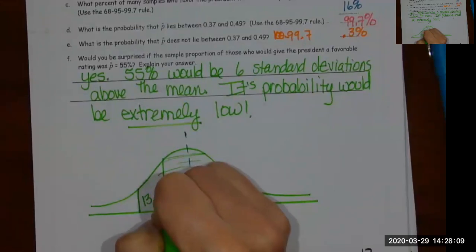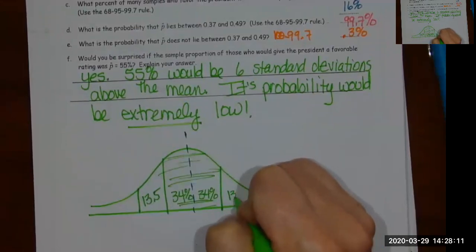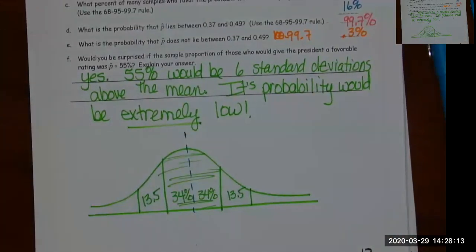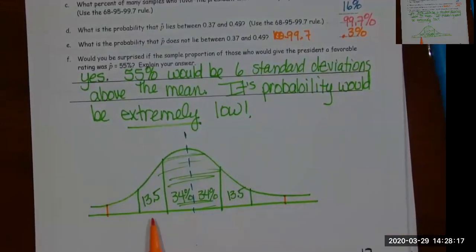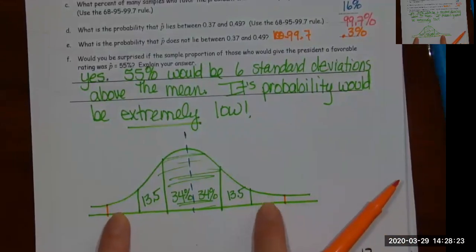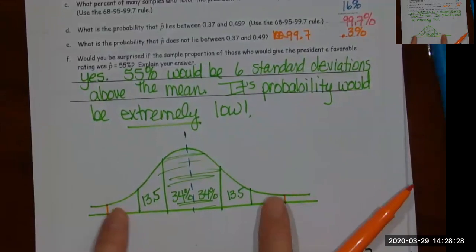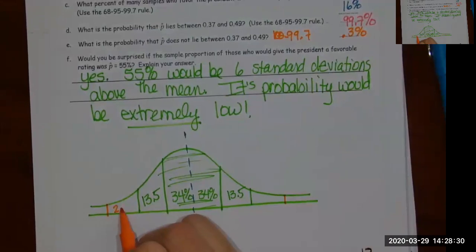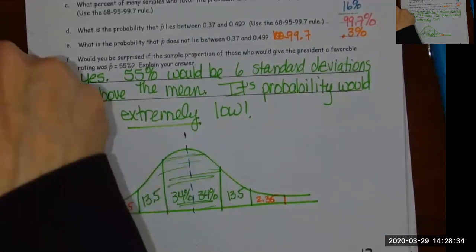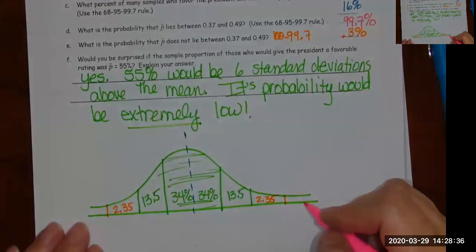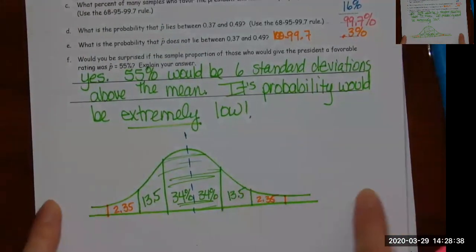That leaves 13.5, 13.5, right? And then if I go to 3 standard deviations, I've already used up 95%. I know that this mark would be 99.7, so that leaves 4.7%. And if I divide that by 2, it gives me 2.35 on each side. Remember these numbers. And then if I go above that, let's say this whole thing is 100.